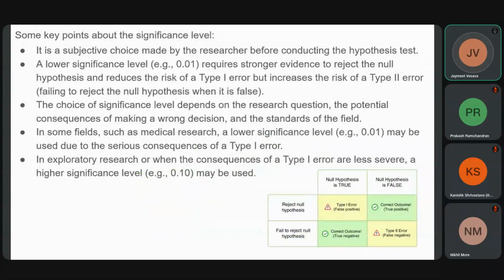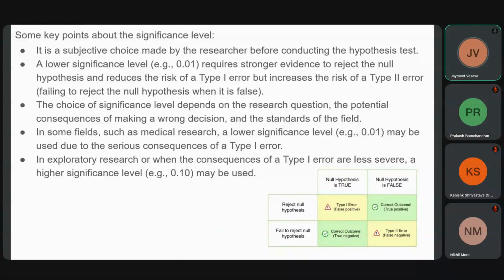So, about the significance level, the first point states that it depends upon the research and the experiment or test being conducted. A lower significance level requires stronger evidence to reject the null hypothesis, which reduces the risk of type 1 error but also increases the risk of type 2 error.